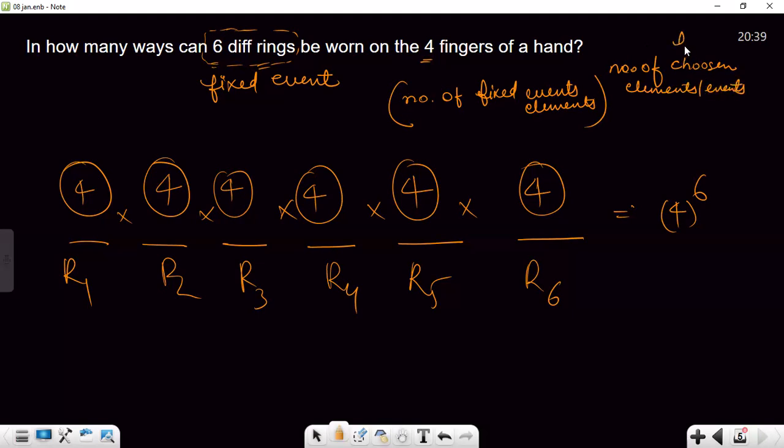Or should I say non-fixed, because they are chosen. Okay, so this is one more formula for finding the total number of cases. There are a lot of examples for the same question.